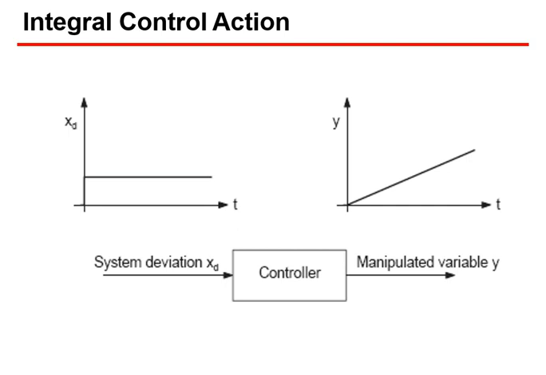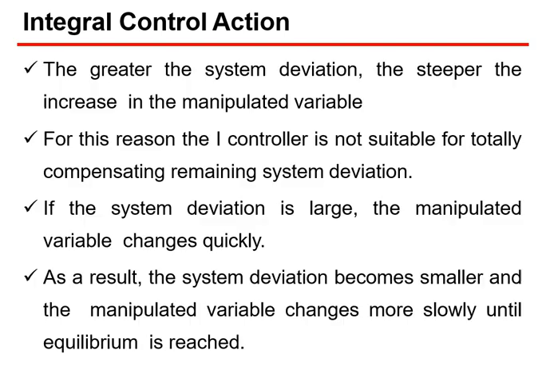Now let us discuss more about this. The greater the system deviation, the steeper the increase in the manipulated variable. Even though there is a greater system deviation, it will increase step by step, slowly. For this reason, the integral controller is not suitable for totally compensating the remaining system deviation.